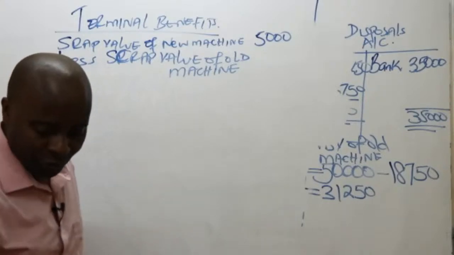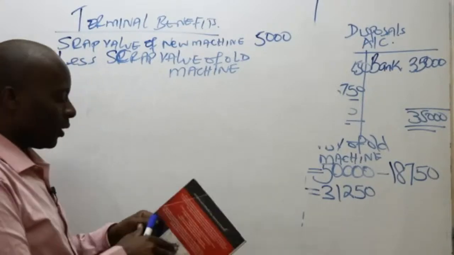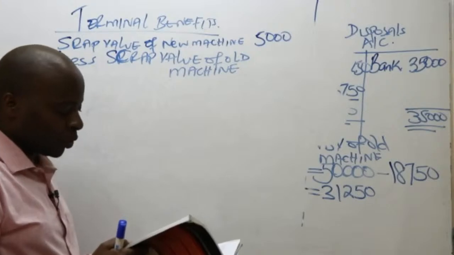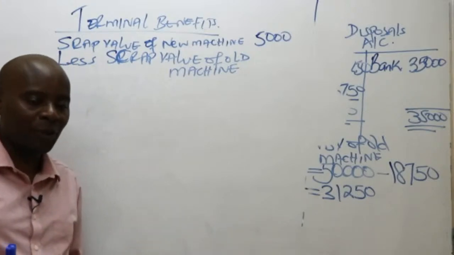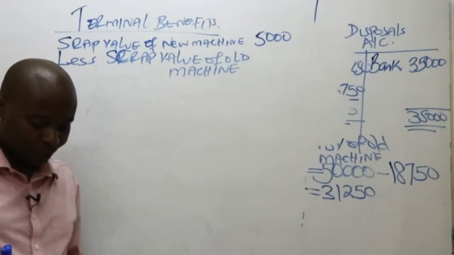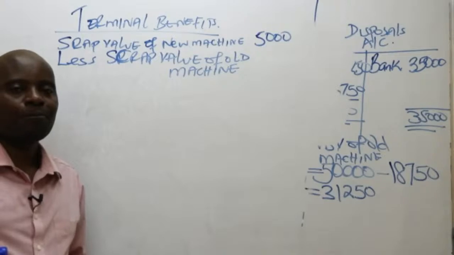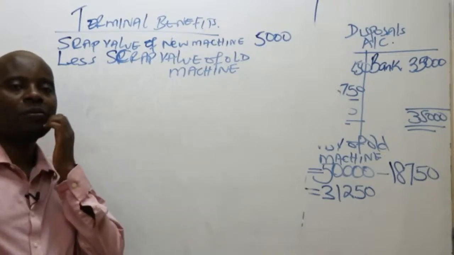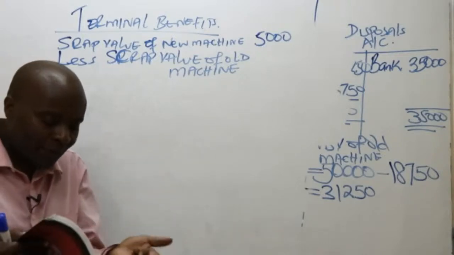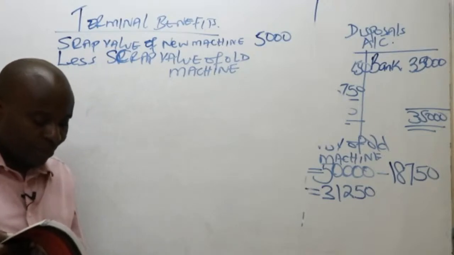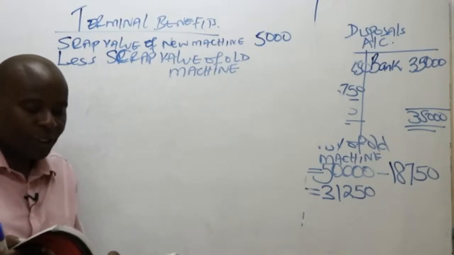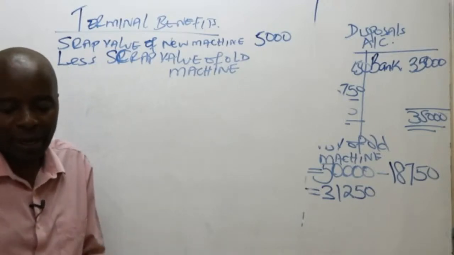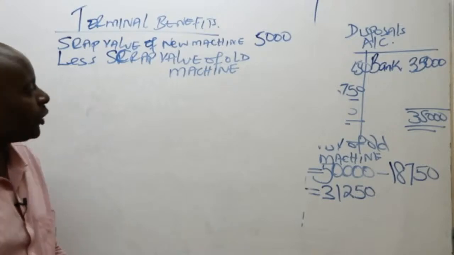So the old machine scrap value, we were given the scrap value of the old machine. Is there somebody who is able to see the scrap value of the old machine in this question? Paragraph number 1, they have told us, line 2, with no scrap value. So the scrap value of the old machine is 0.